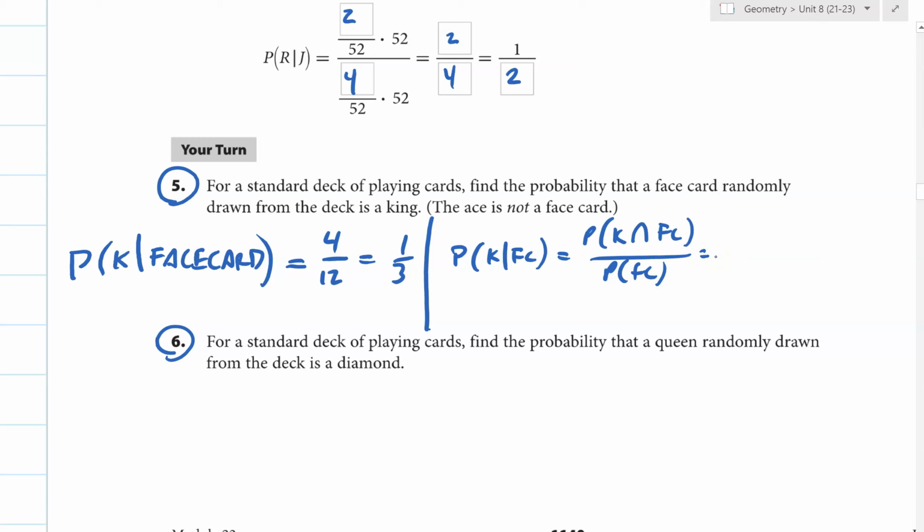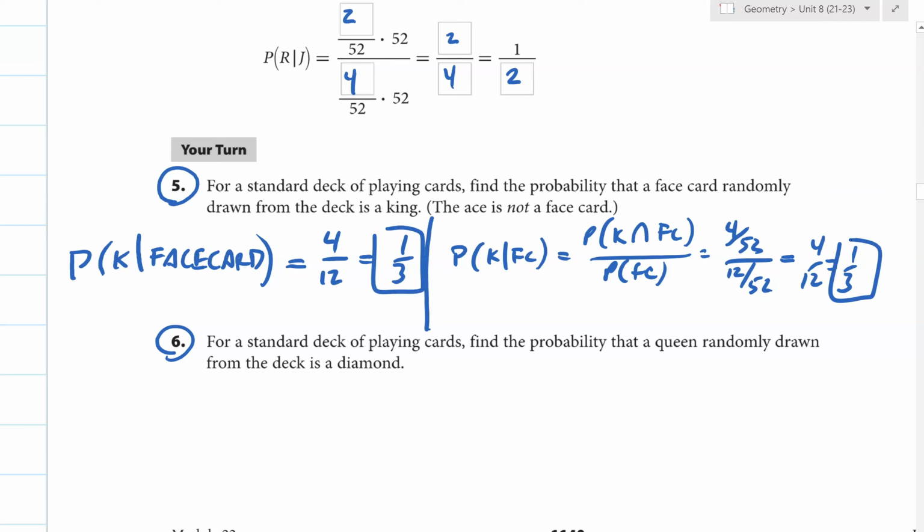The probability of a card being a king and a face card, there are 4 of those in the deck of 52. And the probability of face card, there are 12 in the deck of 52. If you flip the denominator and multiply, the 52s cancel, you get 4 over 12, which again reduces to 1/3. So we get the same answer, 1/3, in both cases.